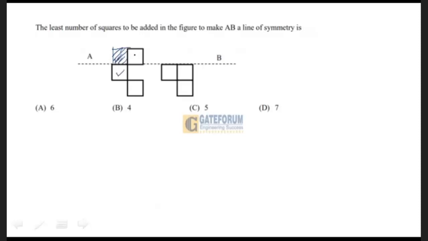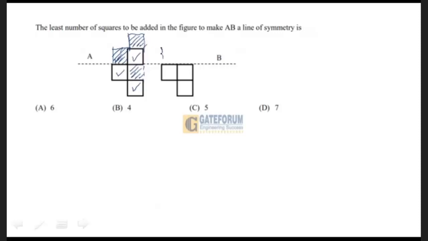Now you see, this square is already present. So even if there is a vacant spot here, I have to make it into a square. So this is the second square. And now I'll have to take care of this, for which I have to make here a third square. So after I make 3 squares, this is absolutely okay.